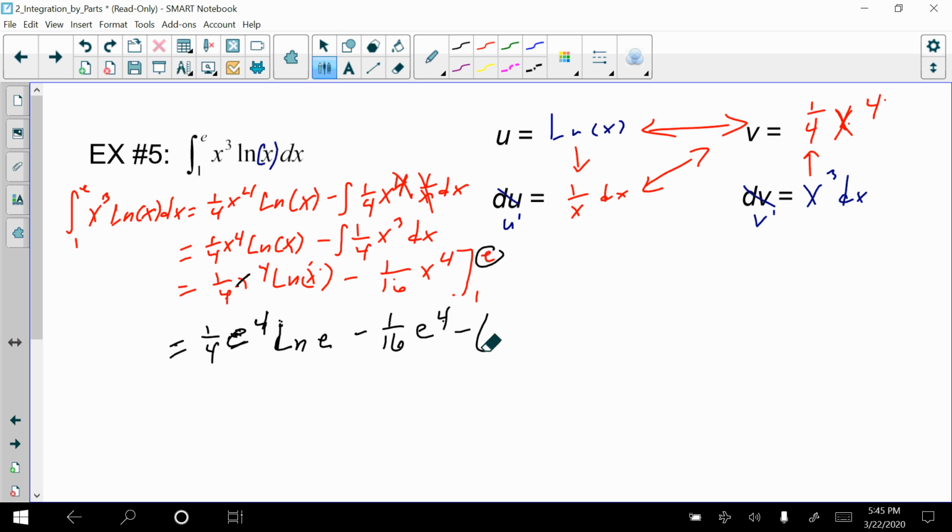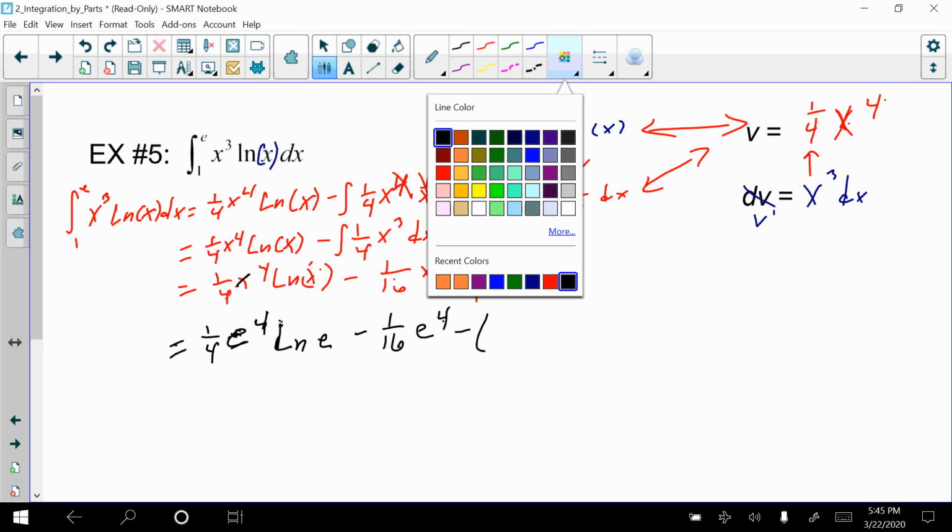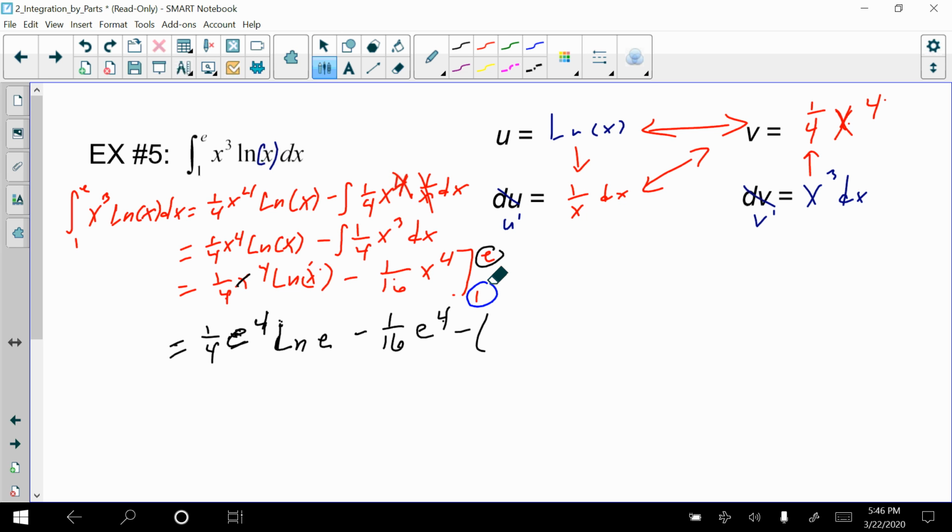And now we're going to subtract when we substitute the 1. So let's substitute the 1 in blue. So that'll just be 1/4 times 1 to the 4th times the natural log of 1, minus 1/16 times 1 to the 4th for that.